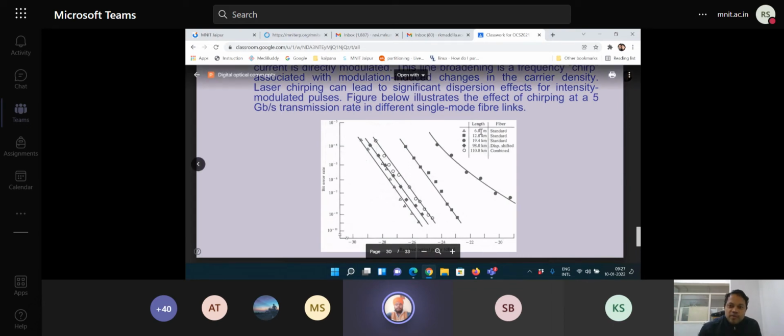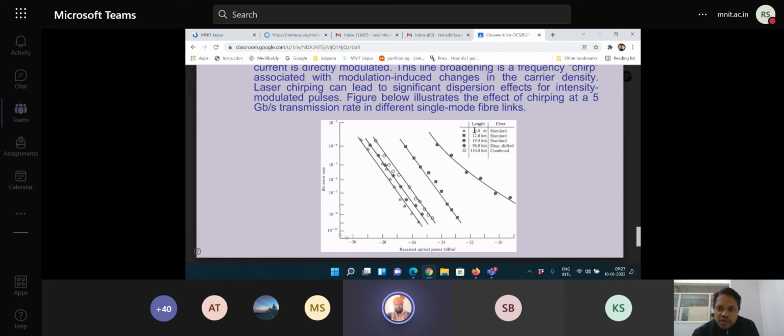If you look at the first three in the legend, you have 6 meters, 12.8 kilometers, and 19.4 kilometers. These three are the leftmost line, then the second from right, and then the rightmost one.